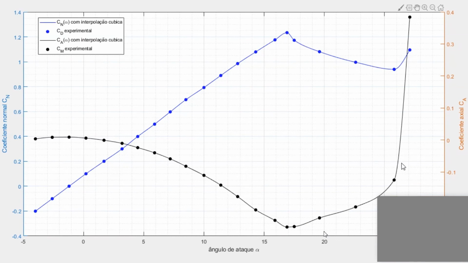You know what I recommend? Just cut after 17 degrees. Do not show what happens after 17. It's actually not interesting for us. There are no airplanes or airfoils working with flow separation. It's absolutely useless to work in this region. So we work only until 17 degrees and finish.